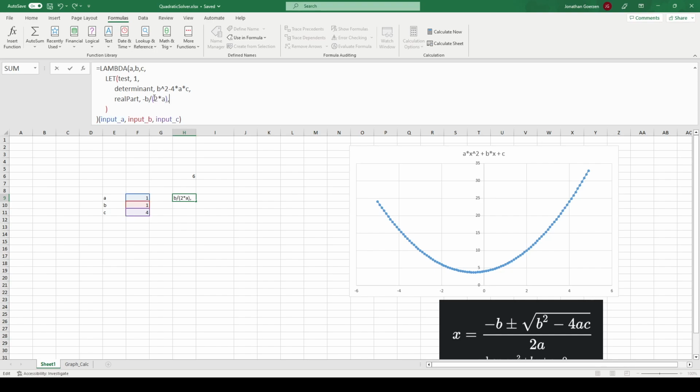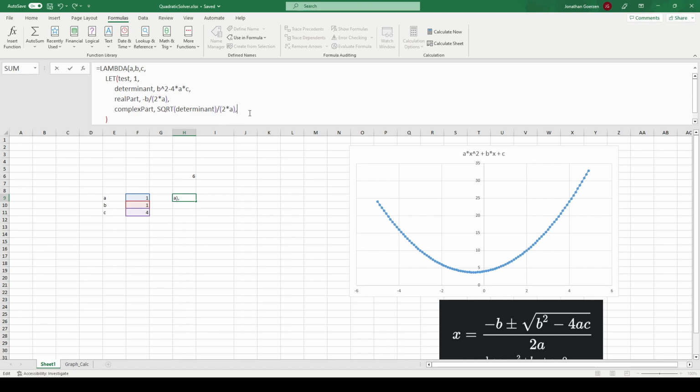That's going to be the real part of my solution. The imaginary part, or the complex part, is going to be equal to the square root of the determinant divided by 2 times a. Okay. That looks good. One more comma needs to go in there.